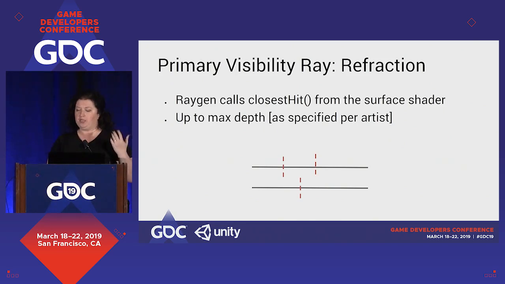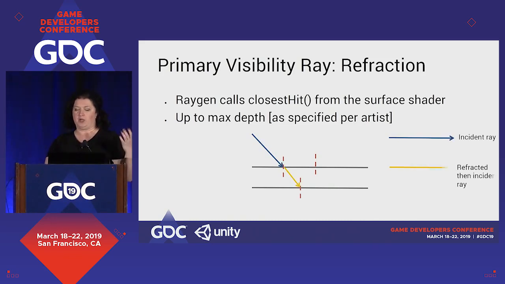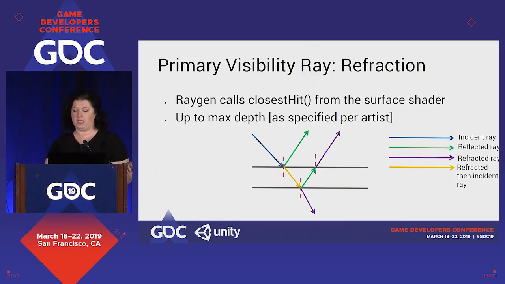Illustrating the approach for max depth, we retrieve the index of refraction and calculate the refraction vector. We calculate the refraction, we launch rays, store the results of that refraction, continue onward, calculate the reflection, launch rays, store the results of that reflection, and at each point we evaluate light loops, so reflection value, refraction value, and so forth, and then we accumulate the final result and return.